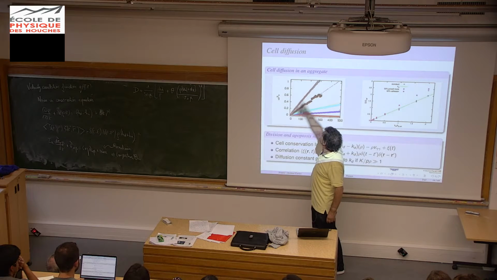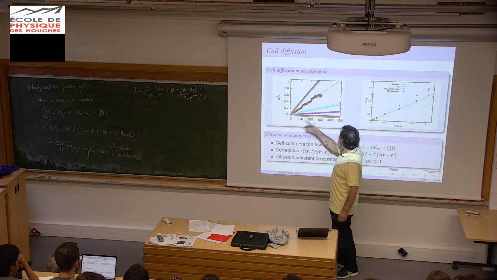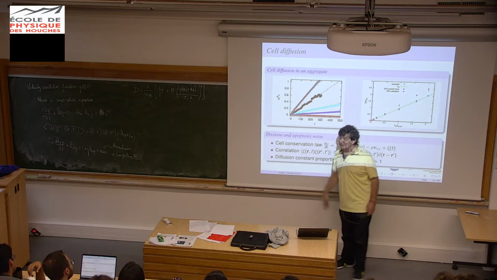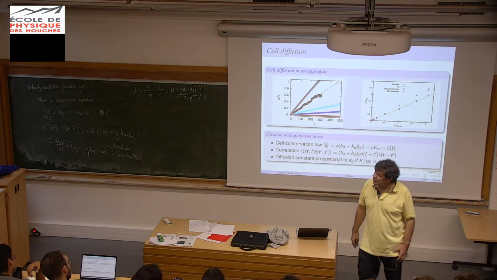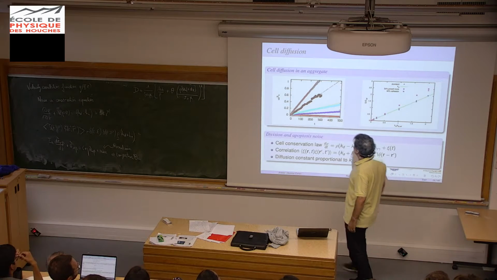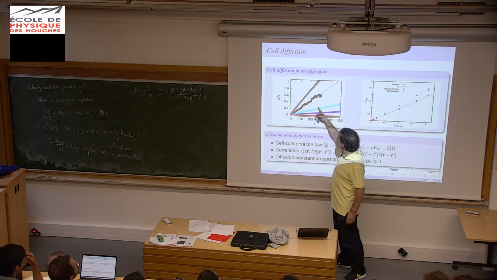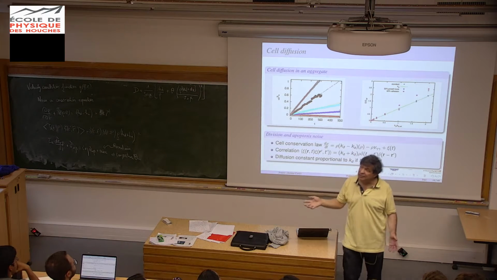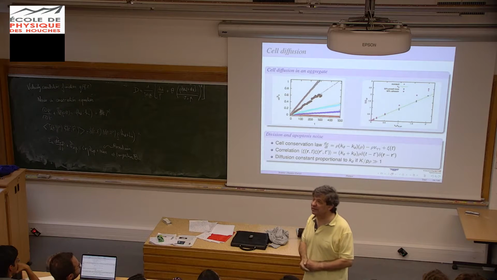R squared, the displacement squared, as a function of time, and this is the answer to your question. At least on average, it's a perfect straight line. So there's no need to go to superdiffusive or subdiffusive or things like this. These correspond to different cell division time or cell death time because they are equal, because this is at the homeostatic state.